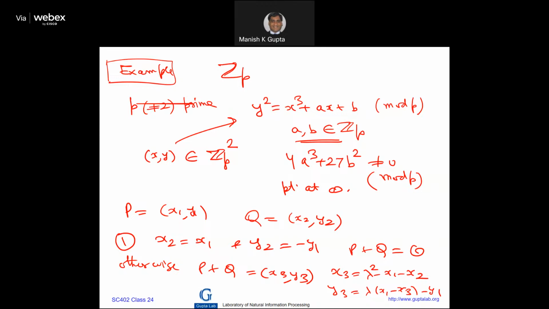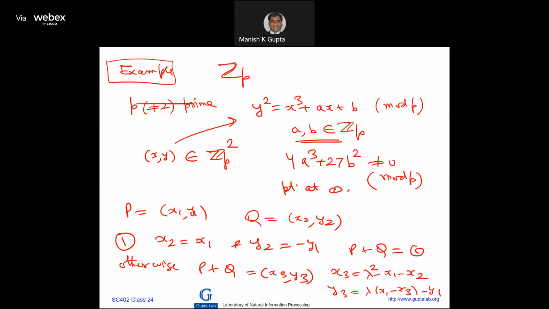So that means if you take a point P on this elliptic curve, P equals (x, y), and add P with another point Q, then P plus Q again belongs to the same collection of points. It will be a third point on the curve. So there is a way to define addition of two points.